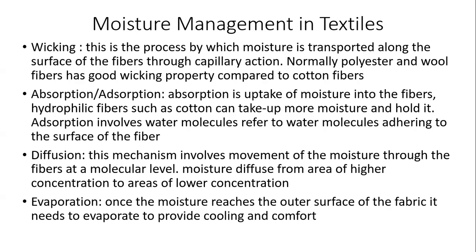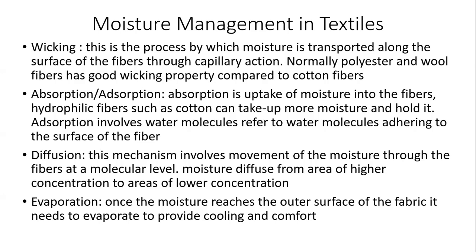Maybe it gets evaporated due to an increase in temperature. Evaporation will take place, not permeation but evaporation. So the moisture evaporation is also important, and you can improve the moisture evaporation through different mechanisms.